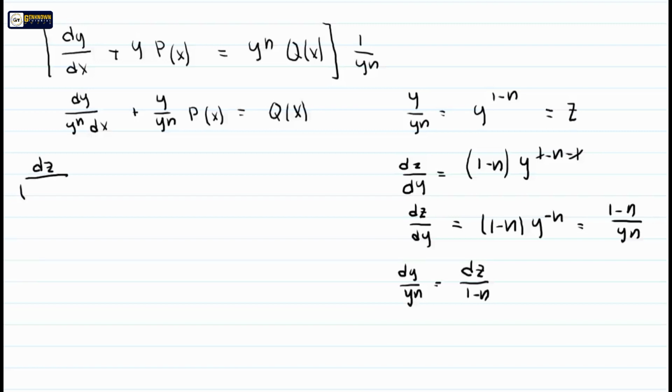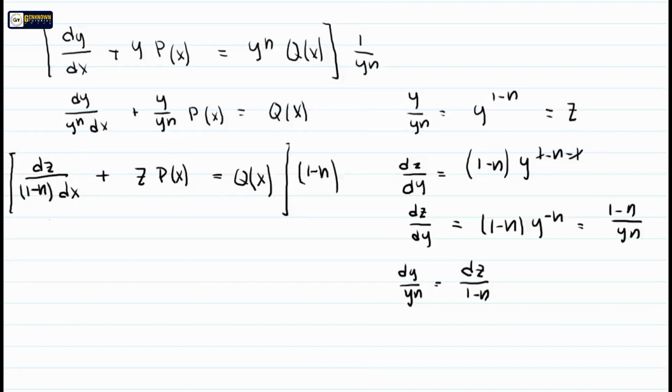So with a little bit of substitution, we have dz over the quantity of 1 minus n dx, plus y over y raised to n, which is z, times p of x, is equal to q of x. From this form, let us multiply the whole equation by the quantity of 1 minus n.